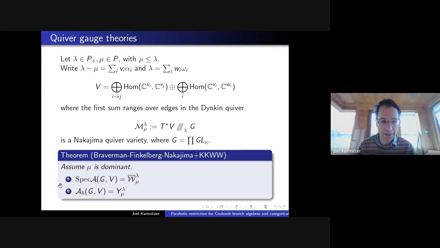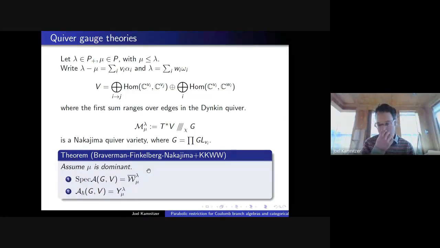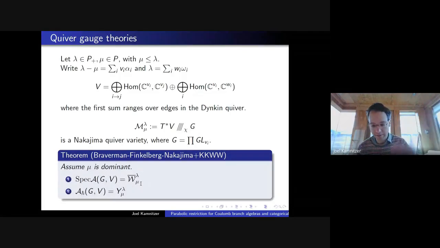One nice thing about the theorem is that it is just true when mu is dominant, but if you ignore this assumption, you can use the left-hand sides to give a definition of the right-hand sides. One obstruction to the main theorem about this categorification that I mentioned a while ago is that you need to have these weight spaces even when mu is not dominant, of course, to make a representation.